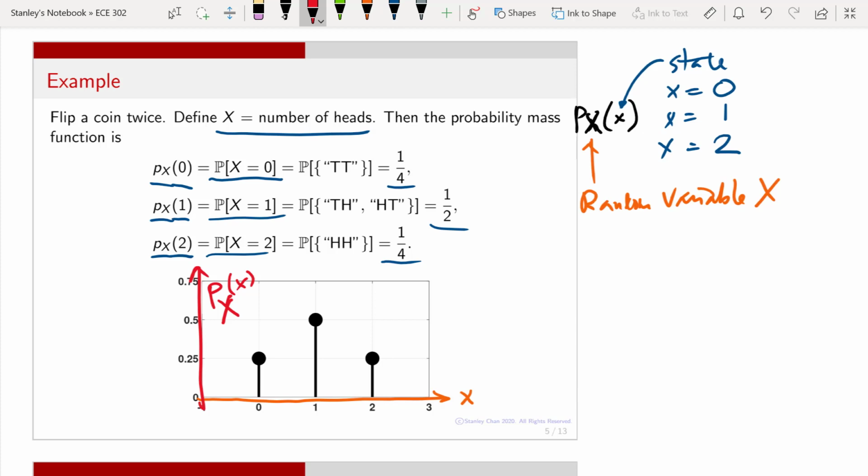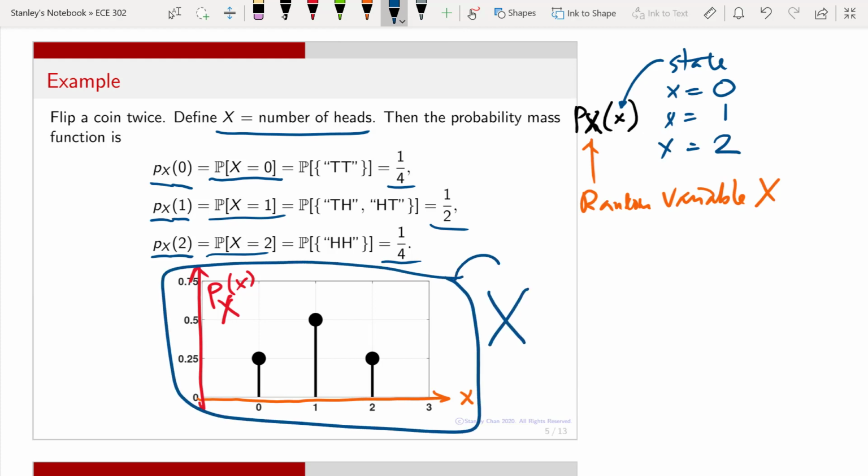The probability of happening will be specified by these numbers. So you ask, what is the random variable X? The random variable big X is this figure. What are these numbers? They are the small x, x0, x1, and x2. These are the possible states of this random variable.